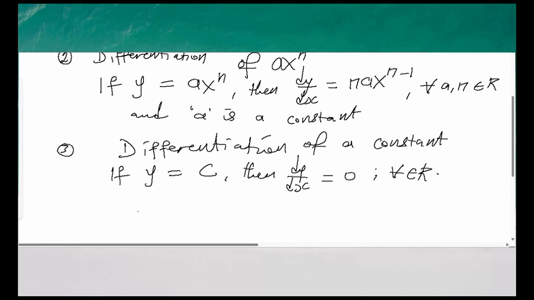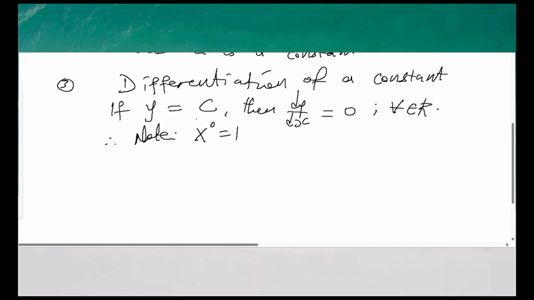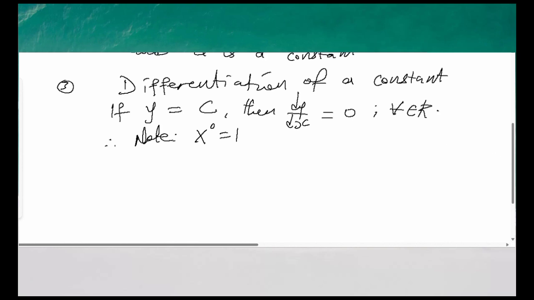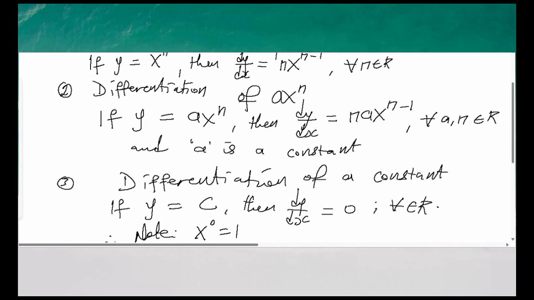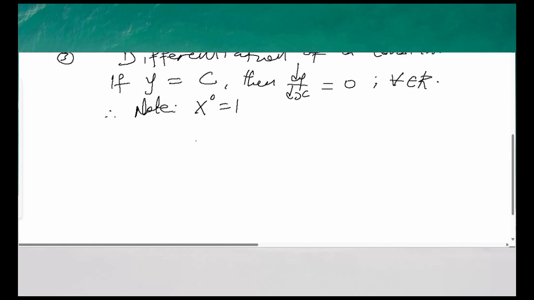So the differentiation of a constant is equal to 0 because, note, x raised to the power 0 is equal to 1. Okay, I want us to look at why the differentiation of a constant is 0. Actually, the third follows rule 1, but let us see why it is 0.